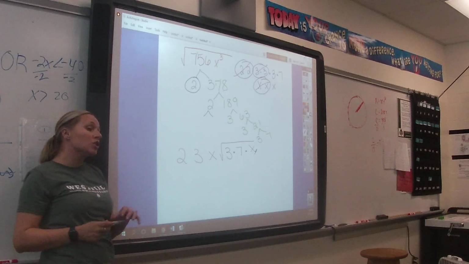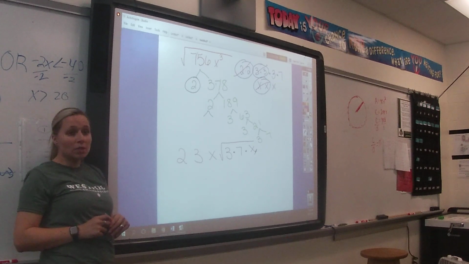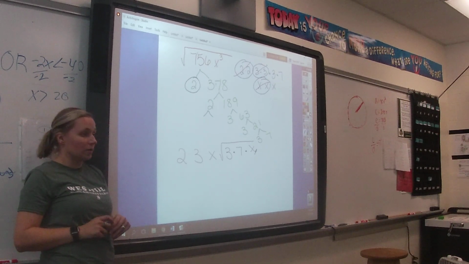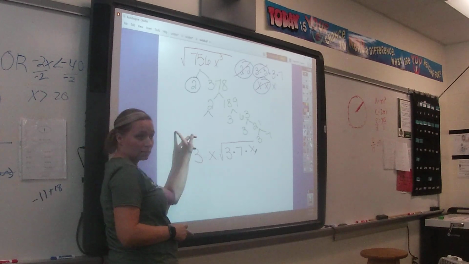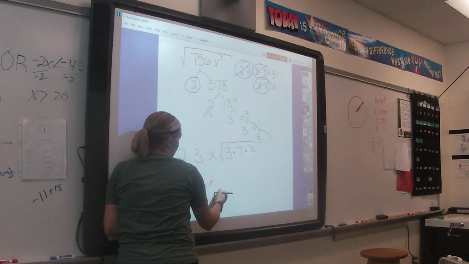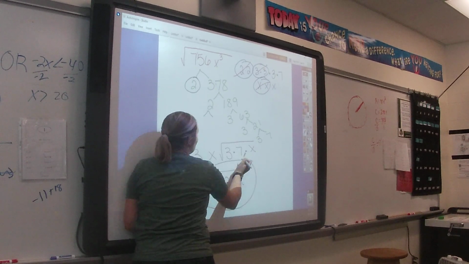I mean, you have to find the largest perfect square that will divide evenly into it. Then we're gonna multiply things that are in the same location. So this becomes a 6x. And this becomes a 21x.